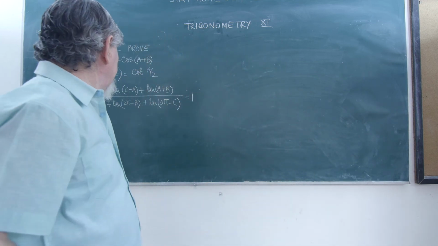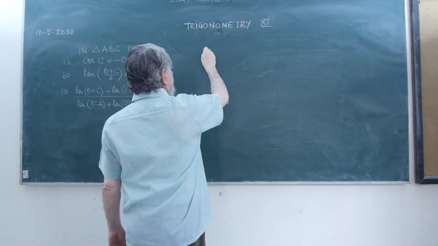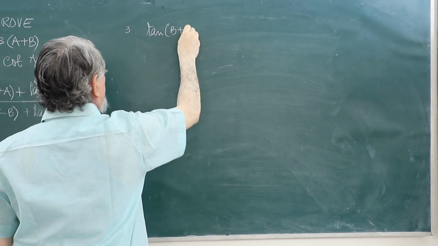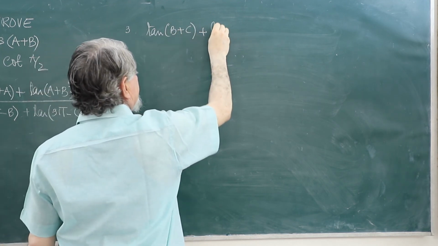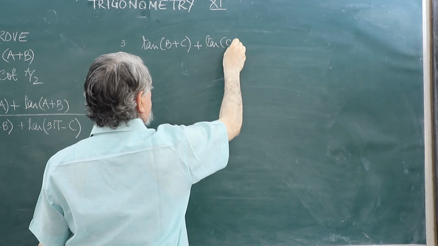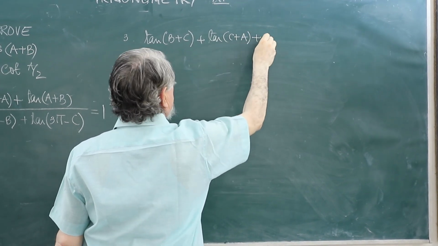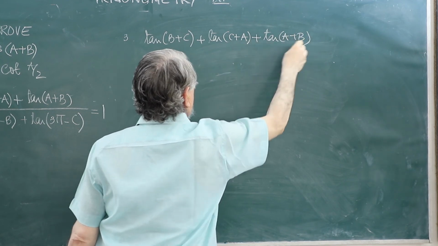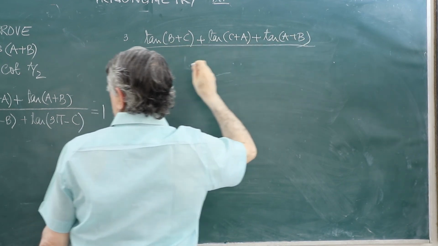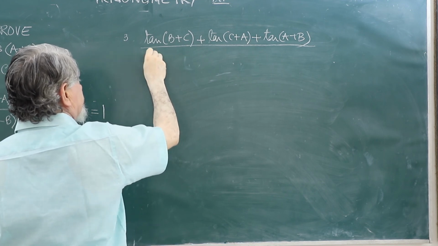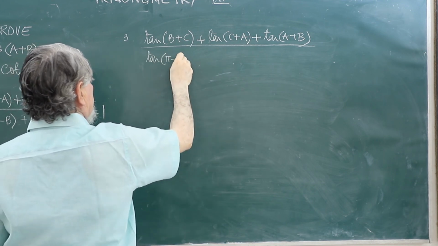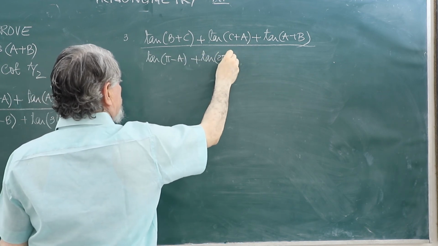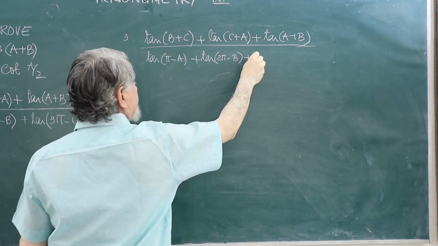In the third one it says tan(B plus C) plus tan(C plus A) plus tan(A plus B) upon tan(pi minus A) plus tan(2 pi minus B) plus tan(3 pi minus C).